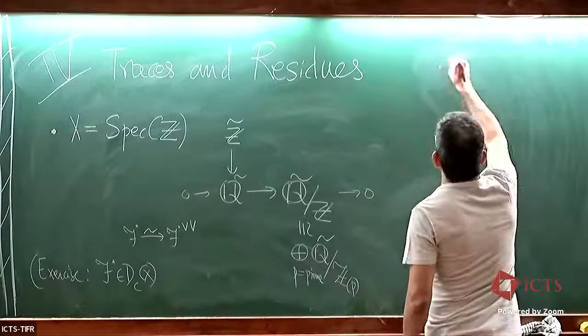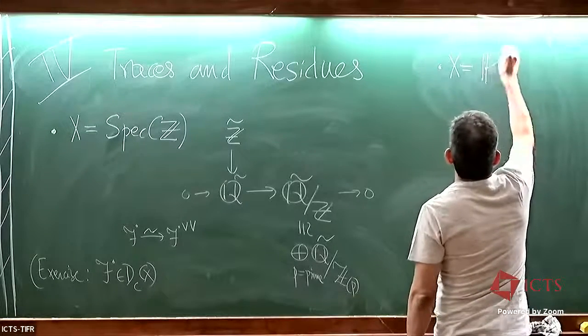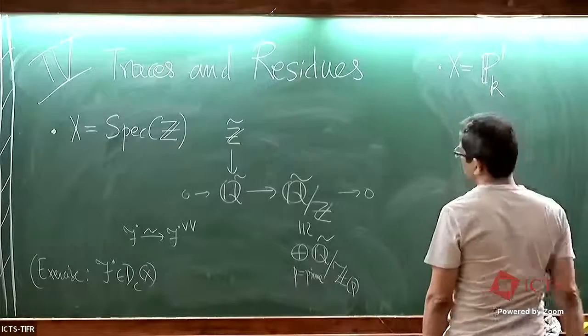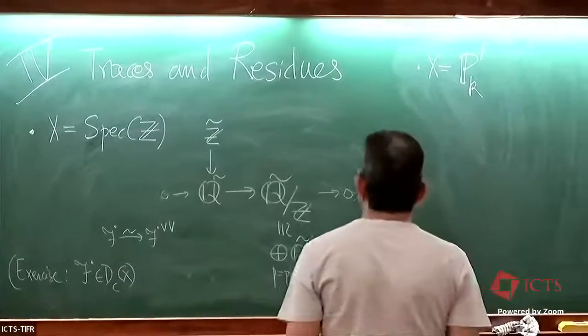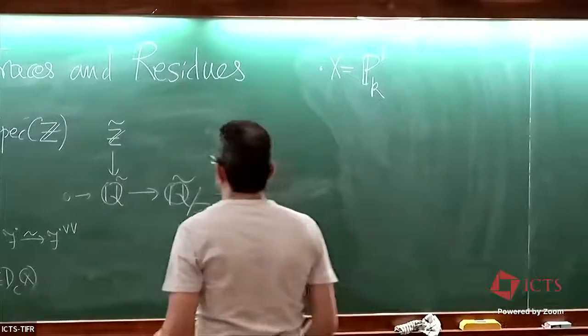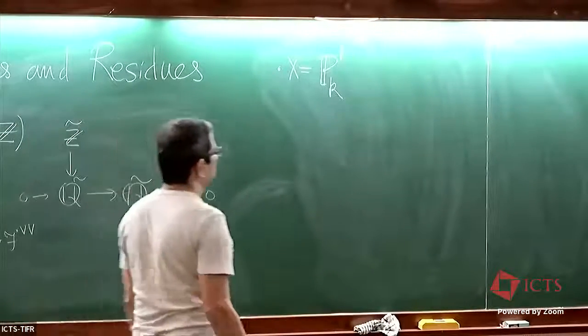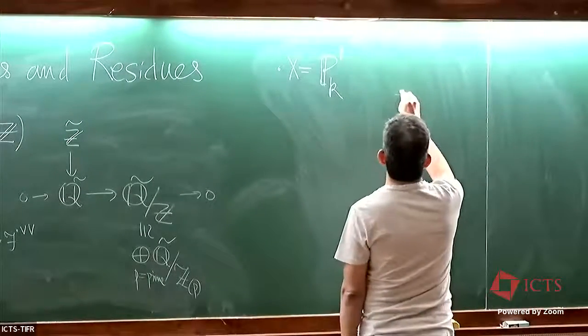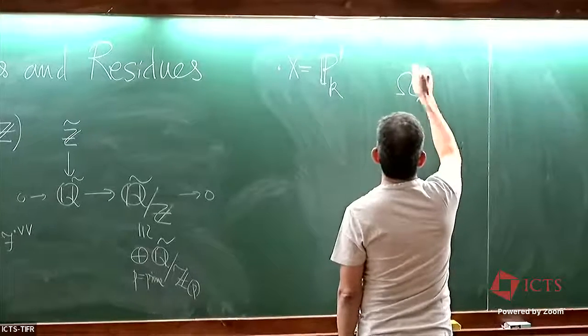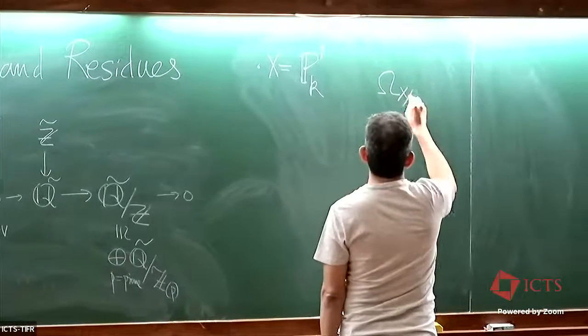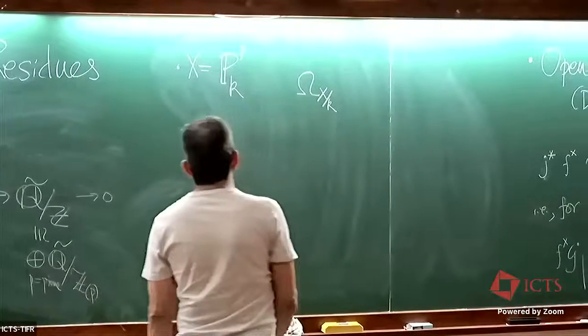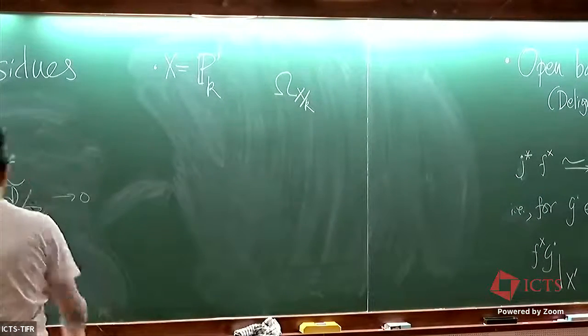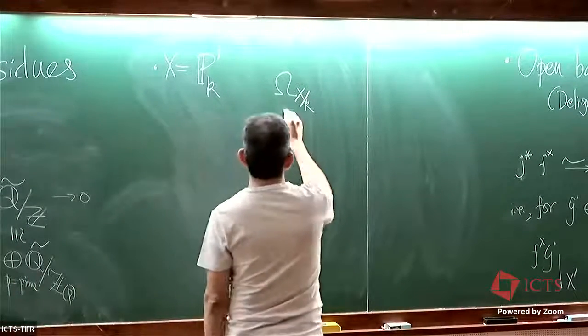So let's take a more global situation, X equal to P^1_K, where K is a field. And instead of taking the structure sheaf, I will take the module of differential forms. So take omega, and I'll think of this as a sheaf itself, omega_{X/K}. Analogous to what we have here, we have the following injective resolution.